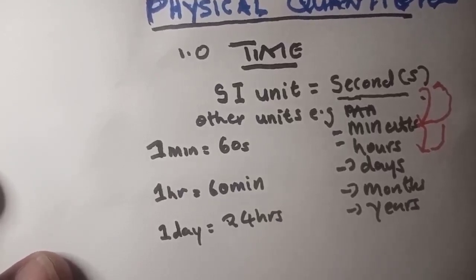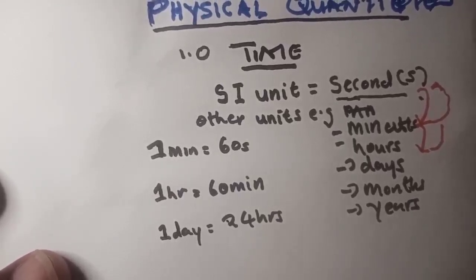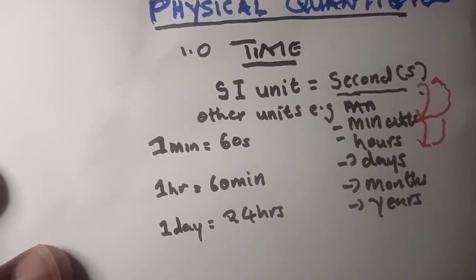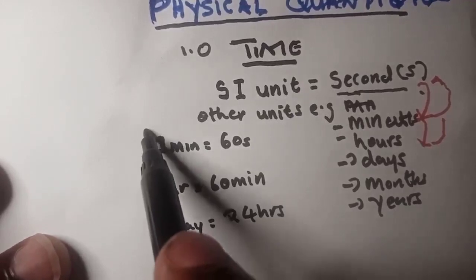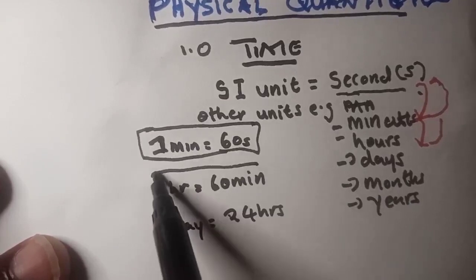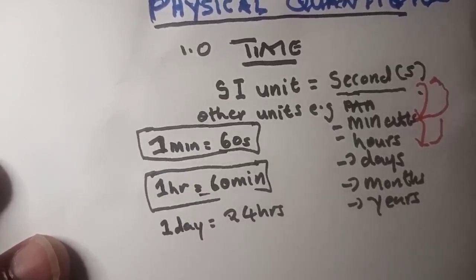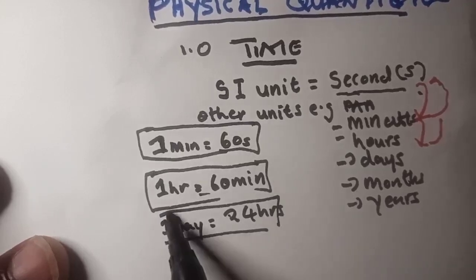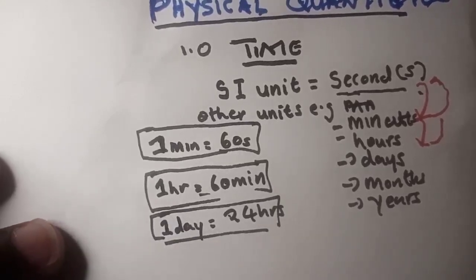Just using these three, you are able to convert between these things. Then you can talk of years, months, and so on, but the most important are: 1 minute is equal to 60 seconds, 1 hour is equal to 60 minutes, and 1 day is equal to 24 hours.